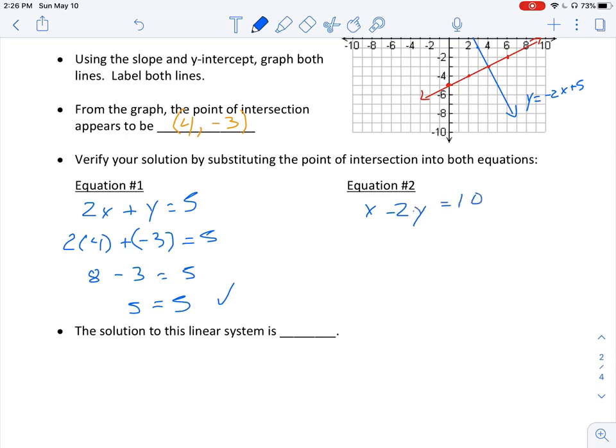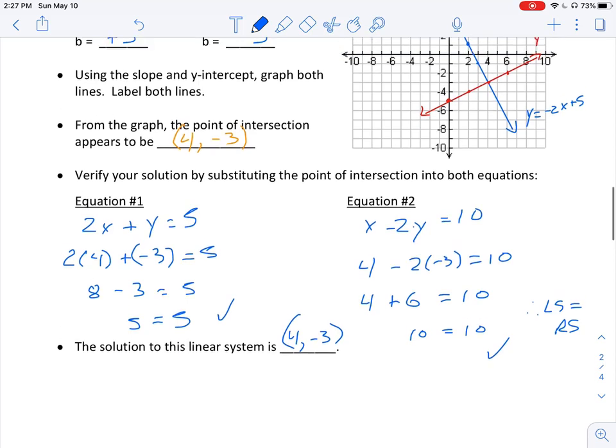Plugging in my values, my x value is 4 minus 2, and then my y value is negative 3, equals 10. Well, I know that negative 2 times negative 3 gives me a value of 6, so 4 plus 6 equals 10. 10 equals 10. The left side equals the right side. So we've gone ahead and proven this. So the solution to this linear system is in fact 4 and negative 3.